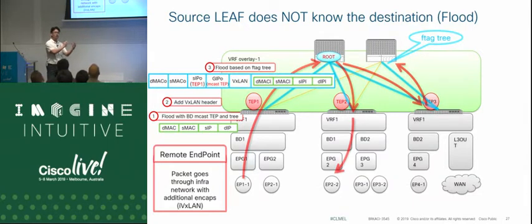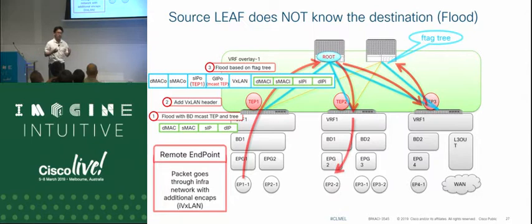So each bridge domain has one multicast IP from that range. Then that IP address will be used in here so that we can tell this is the flood traffic within that bridge domain.